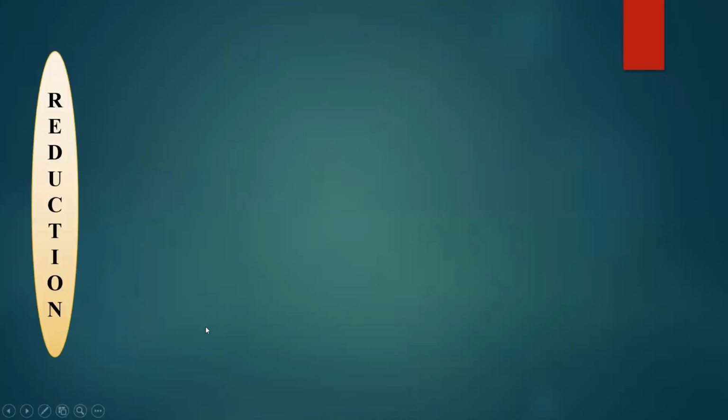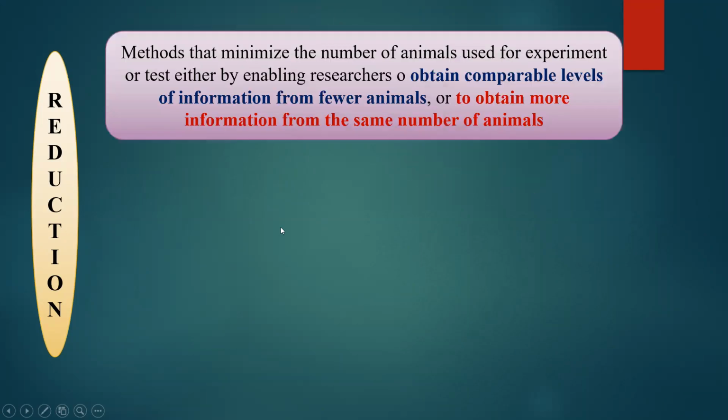Now the second R principle is reduction. Reduction itself indicates the number of animals used. It is a quantitative term, whenever necessary. So it is a method that minimizes the number of animals used for an experiment or test, either by enabling researchers to obtain comparable levels of information from fewer animals.